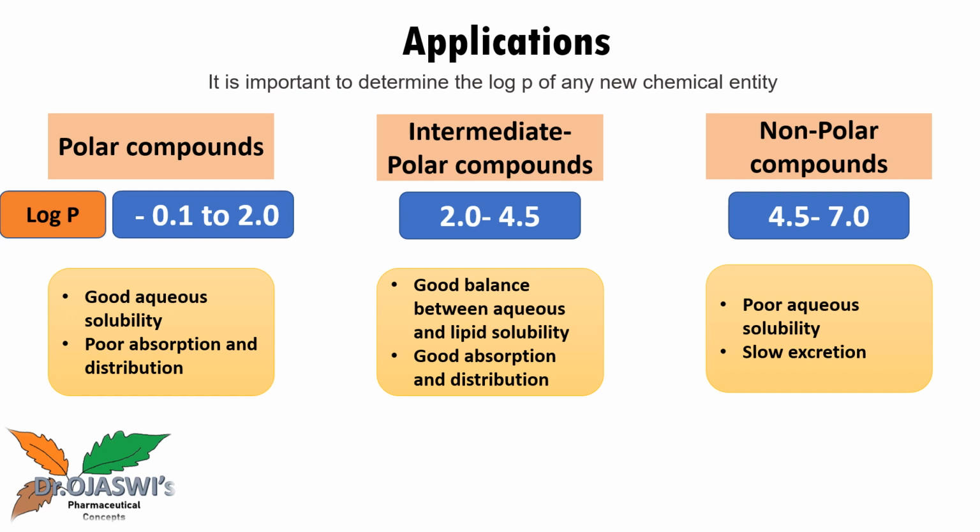So based on this log P value, while designing a drug, we can try various permutations and combinations of functional groups to get a structure which will have log P in this range, so that we get a good balance between aqueous and lipid solubility of that drug.